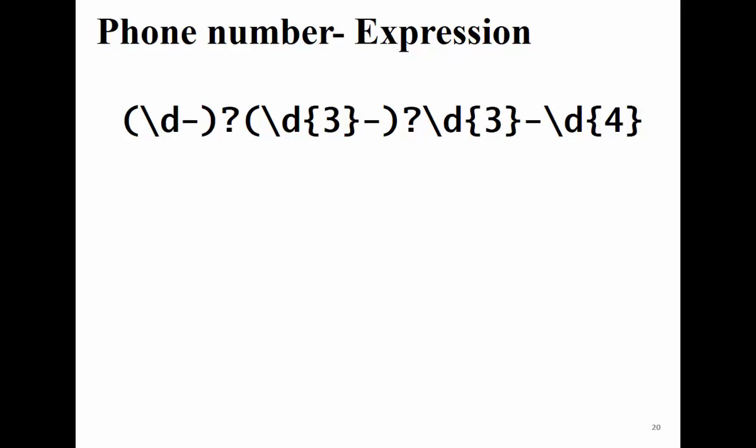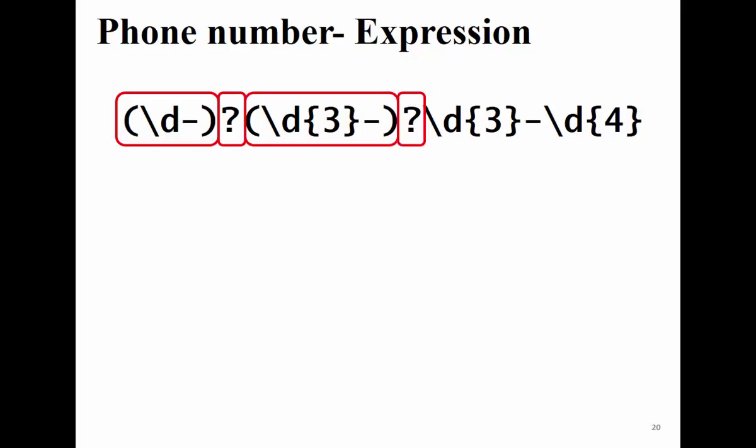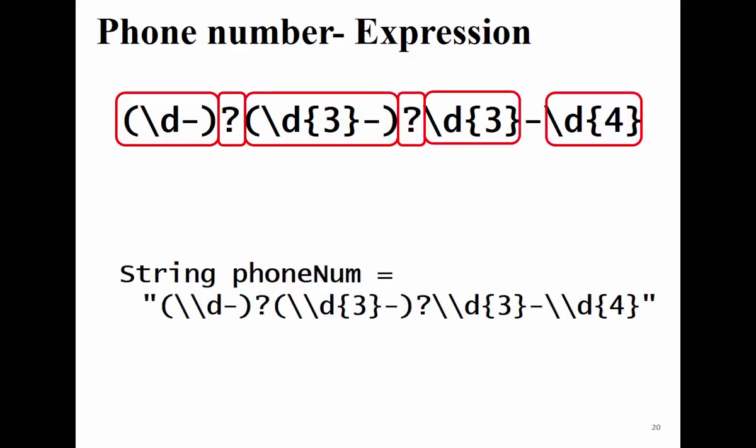We could have it or not have it, once or not at all. And then we have a digit, and we need exactly 3 times. Then we have a dash. Another choice: sometimes we don't know the area code. For Montreal, for example, it is 514, here it is 416 or 647. So the area code may not be there, but this part is mandatory: exactly 3 digits, and then a dash and 4 digits. So this expression is saying I need all these components to be there. So this is for searching for phone numbers.